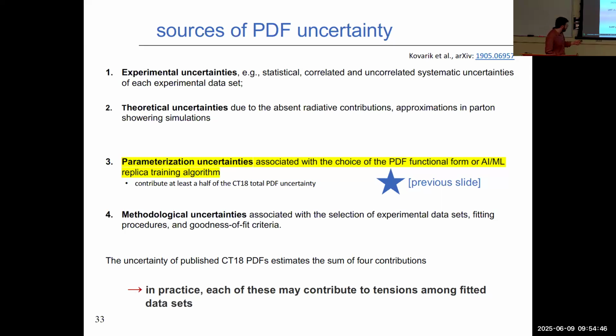We had a question a little bit earlier about how uncertainties, be they statistical or something to do with correlated or uncorrelated systematic uncertainties in actual experiments, propagate downstream to the PDF uncertainty. That's a very good question. There's, of course, the theoretical uncertainties.